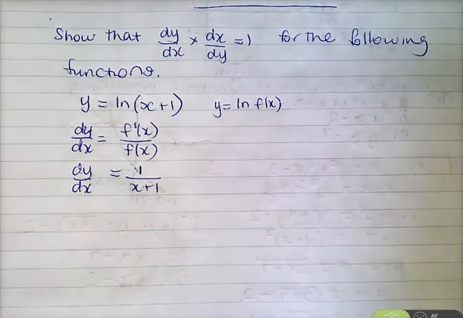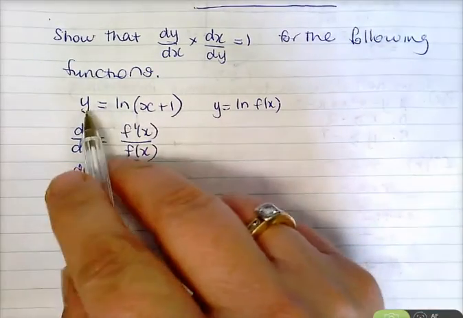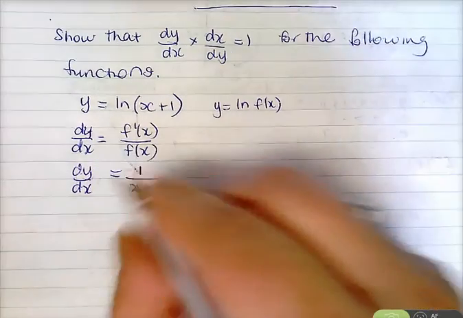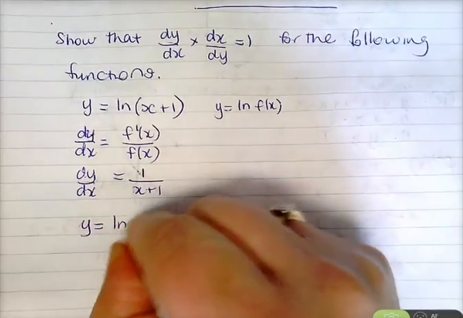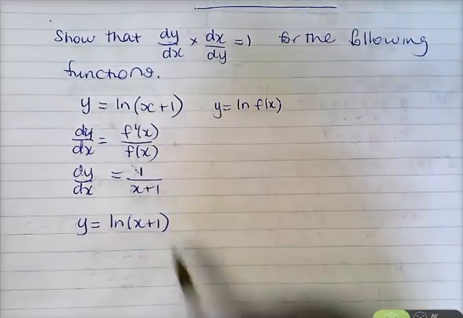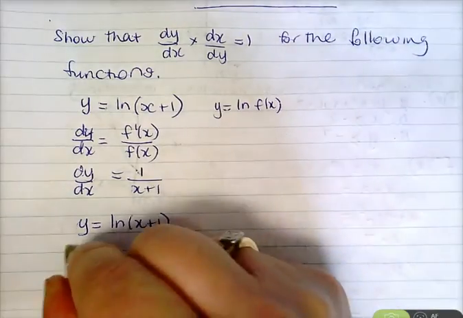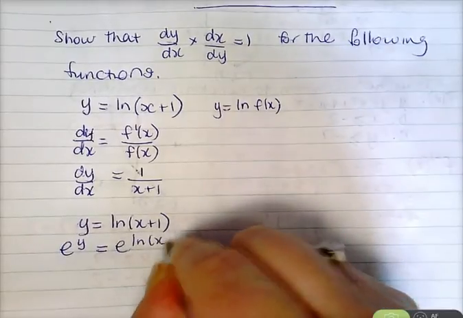Now, to work out dx/dy, I'm not going to just flip that. What I need to do is to change the subject of this formula to x. So if y equals ln(x plus 1), and we want to change the subject of the formula to x, we'll need to get rid of the ln. Inverse operation is e, so e to the y equals e to the ln(x plus 1).